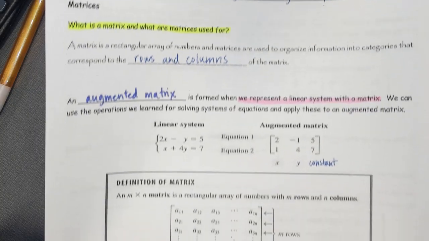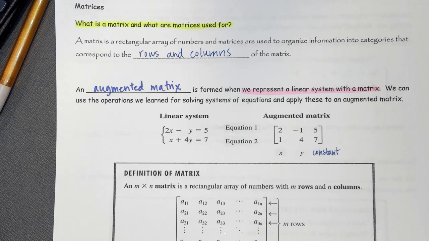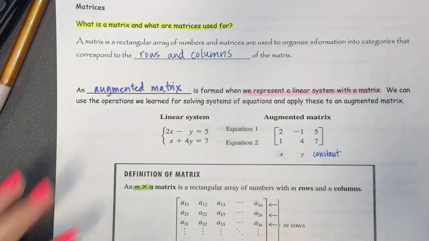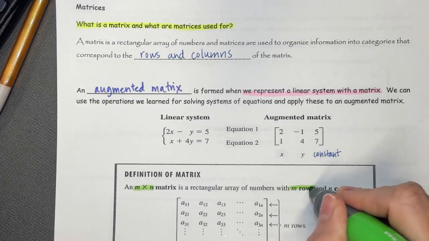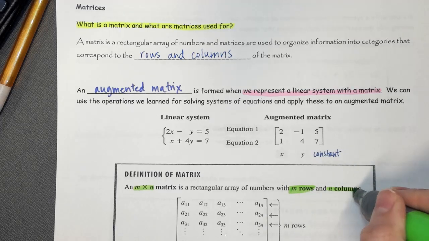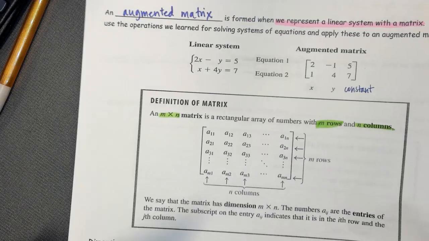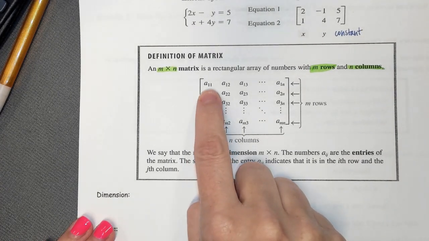The definition of a matrix is you have an m by n matrix, that's a rectangle, and it has m rows and n columns. So the rows go first, the columns go second. These are just telling you what the elements are called.